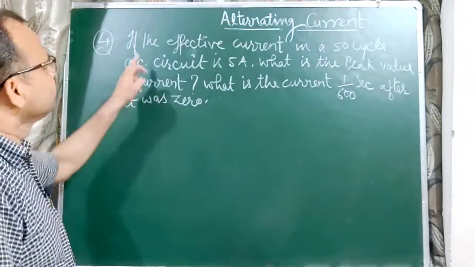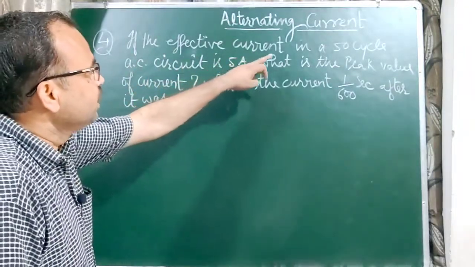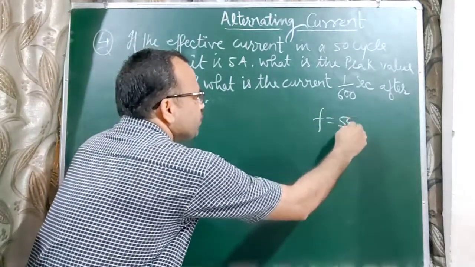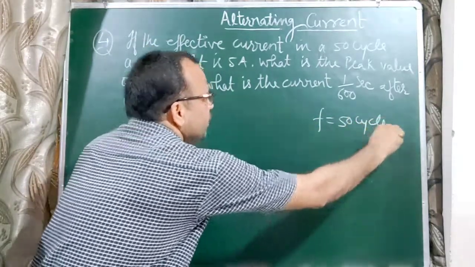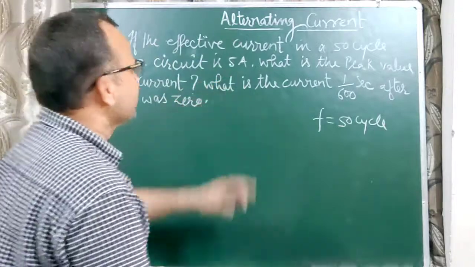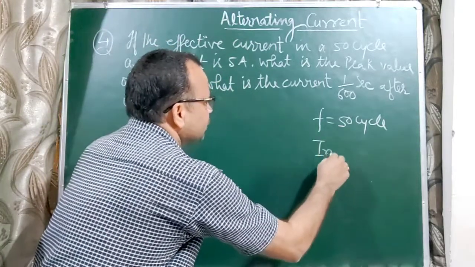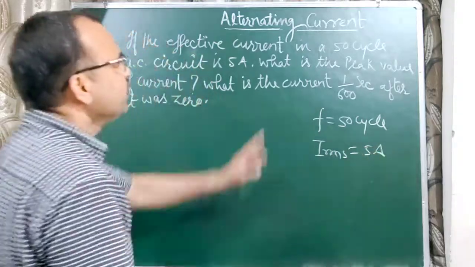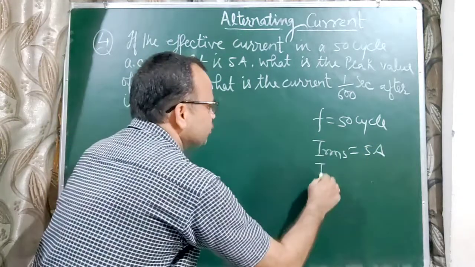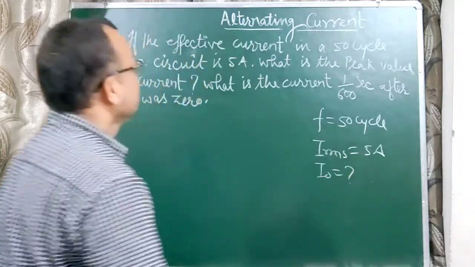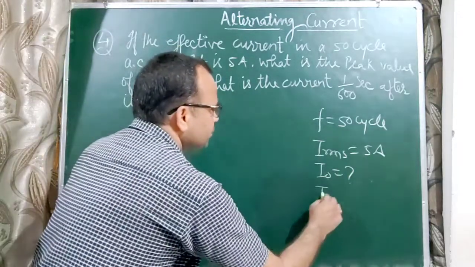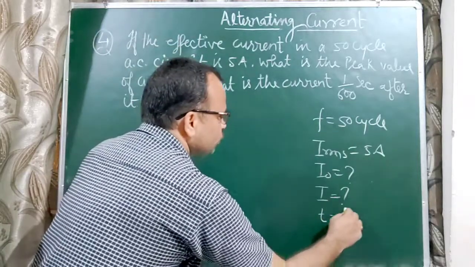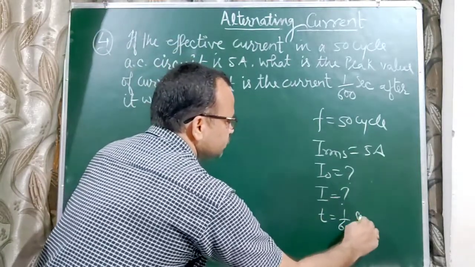Now look at the next problem. If the effective current in a 50 cycle AC, means f equal to 50 Hz, is 5 ampere, means IRMS equal to 5 ampere. What is the peak value of current, means we have to calculate the value of I naught. And what is the instantaneous value of current after time t equal to 1 upon 600 seconds?